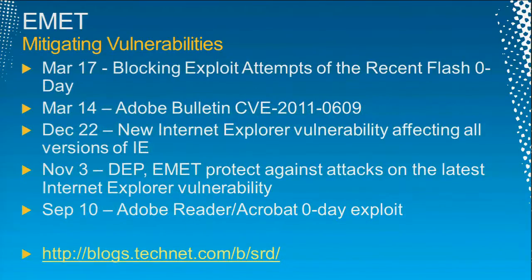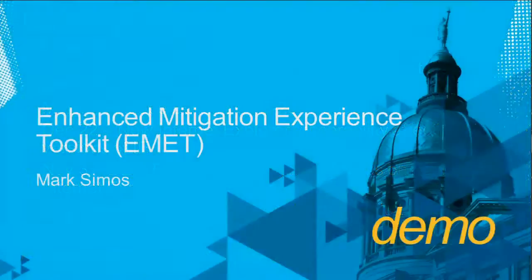And just as a testament to how effective this tool is, both Microsoft and Adobe bulletins over the past 6 months have publicly cited, most of these were bulletins that said, hey, there's been an exploit in the wild, we don't have a patch yet, we're working on it. In the meantime, use Emmet to protect your systems, and it will prevent you from getting the malware on your box. It will prevent the exploit from being successful. So that's just a testament to how effective this tool is. So let's demo.